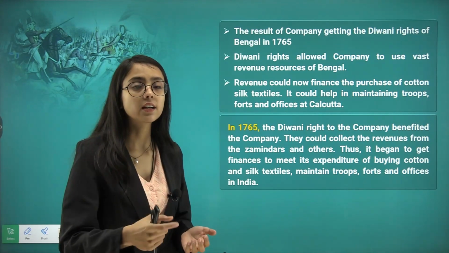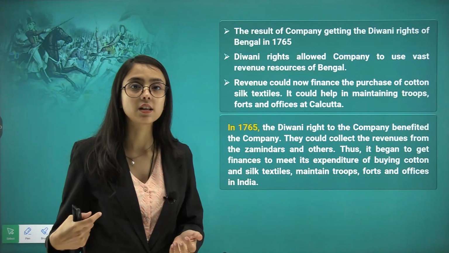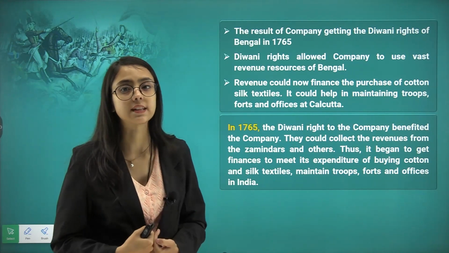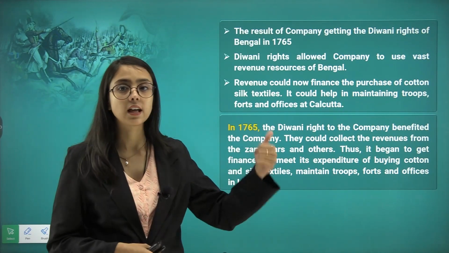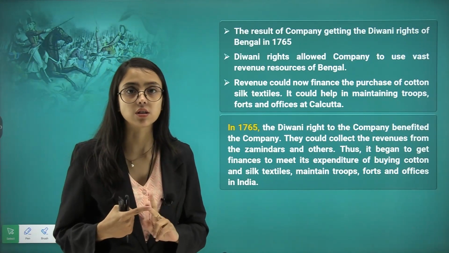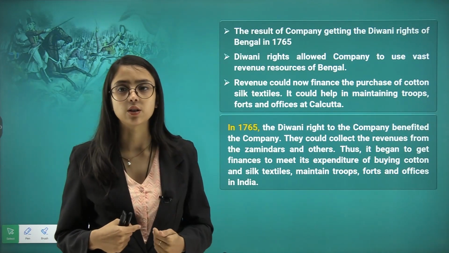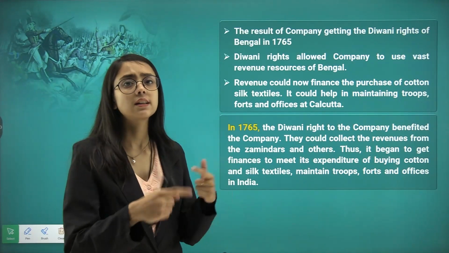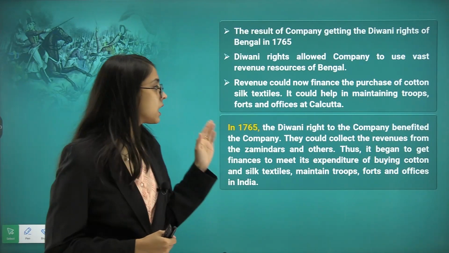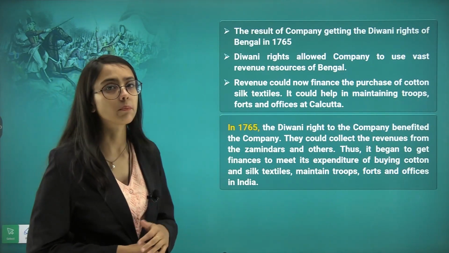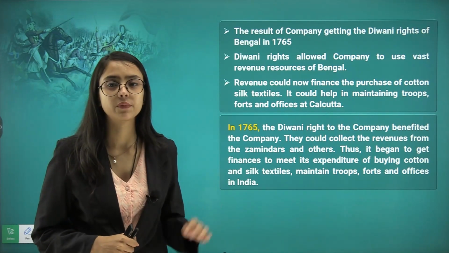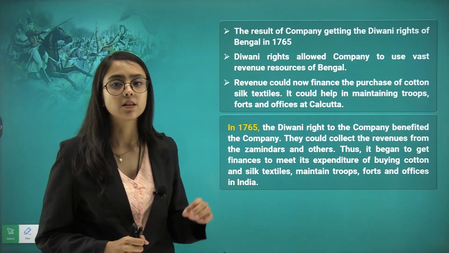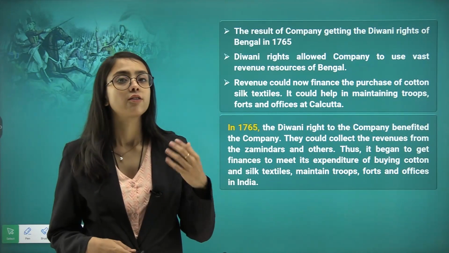They could collect revenue in place of zamindars from the cultivators, producers, weavers, craftsmen, etc. Revenue could now finance their trade, for example, the purchase of cotton, spices, silk textiles, etc. It could help in maintaining troops as well, building fortifications and offices, and expanding their settlements. So, in 1765, the Diwani right benefited the company extremely. They could collect revenue, taxes, etc. from zamindars and others, and thus began to get finances to meet their expenditure for trade.